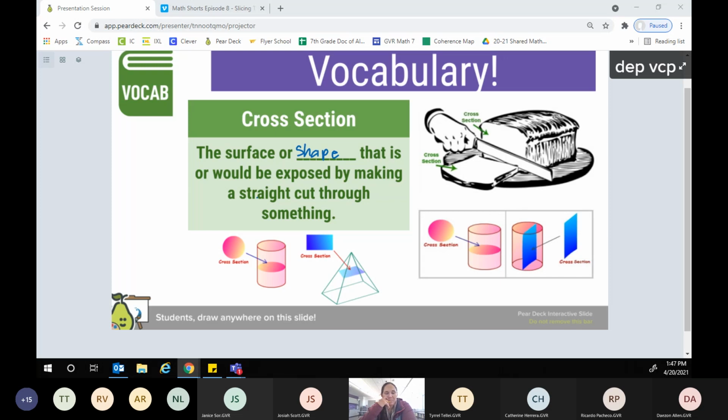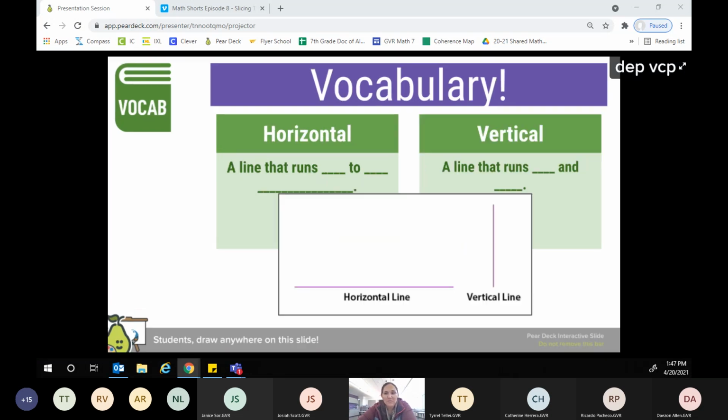So, like I said, there's two main ways that you can cut through your shape to create your cross section. You can go like this, or you can go like this. These two things have names. So first one, horizontal. Horizontal is where we go left to right. You can also think of this as going across your shape.